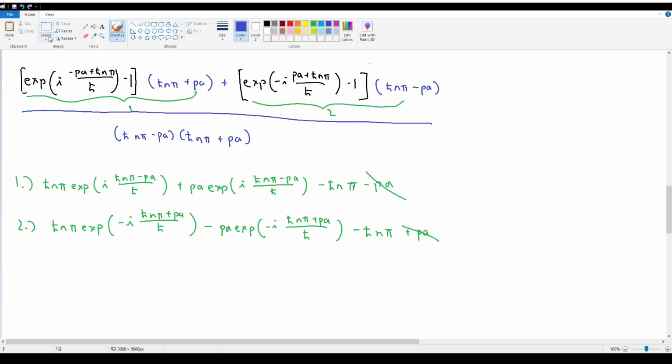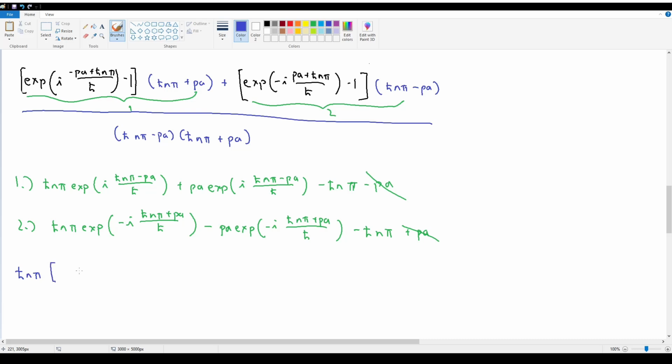Is there anything I can do to make this a little bit less painful to write out? Yeah, I'm going to combine these two terms into a single one by distributing out the h bar n pi.